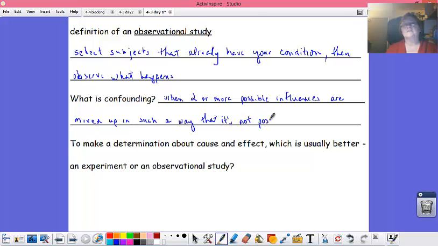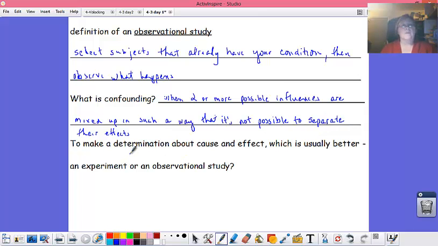Not possible to separate their effects is a good way to say it, perhaps. I want to read that sentence one more time and just make sure I'm saying what I really want to say. When two or more possible influences are mixed up in such a way that it's not possible to separate their effects. Yep, that's what I want to say.